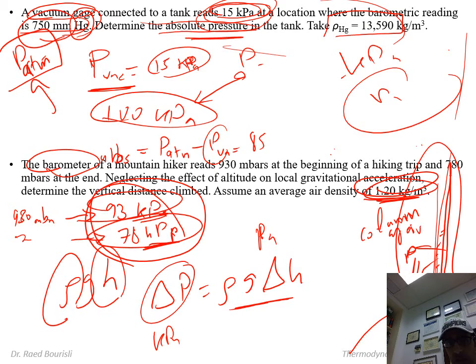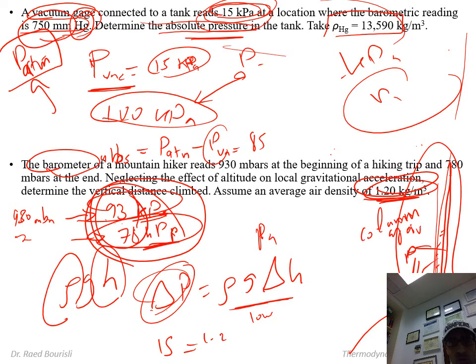So basically, you could divide this by 1000, or you multiply this by 1000, 93,000 or 87,000. Basically delta P is equal to delta H divided by 1000. So you have this as delta P. What's the difference between this and this? This is 93 minus 78. So this is 15 kilopascal.